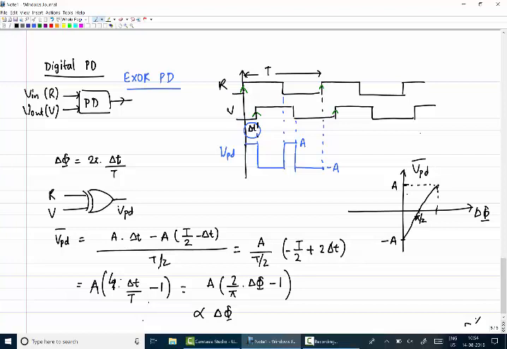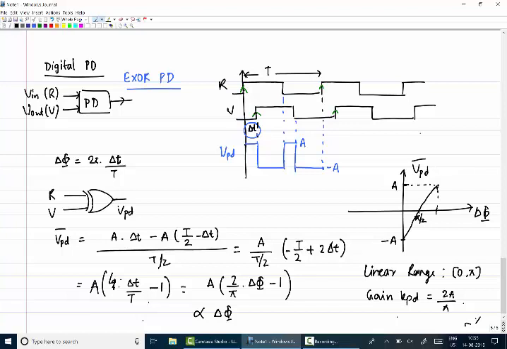This phase error detector doesn't go below minus A, so it has a linear range of 0 to pi. And what is the gain of this phase error detector? 2A by pi, right? If you use this kind of phase error detector, it's quite easy to approximate at one single point, and the same gain stays forever.